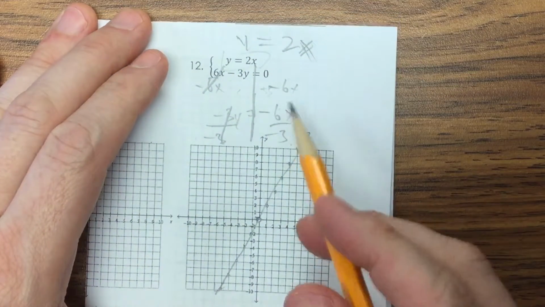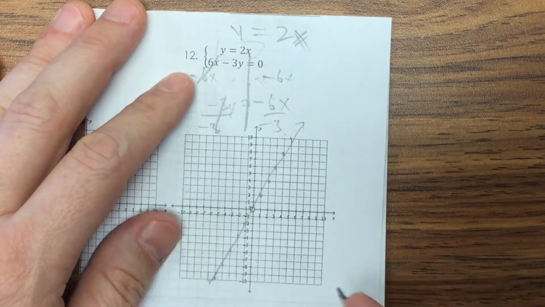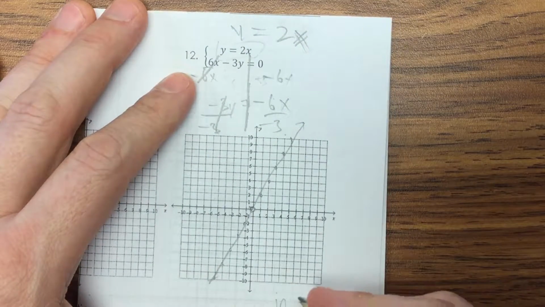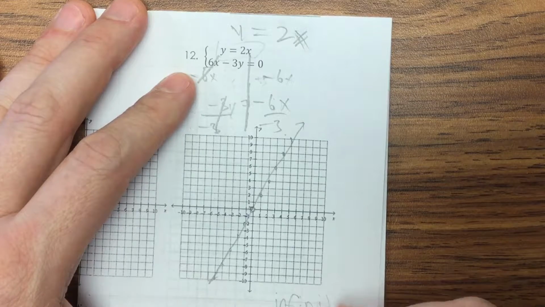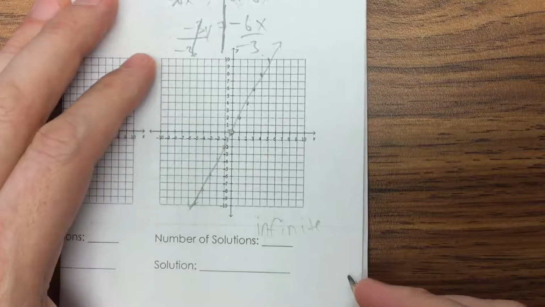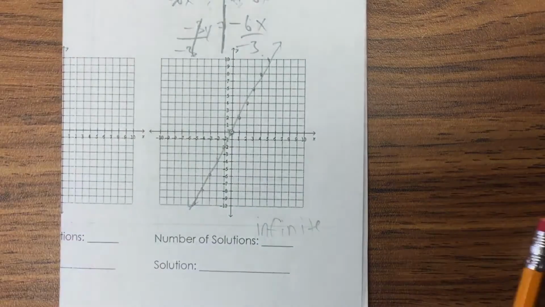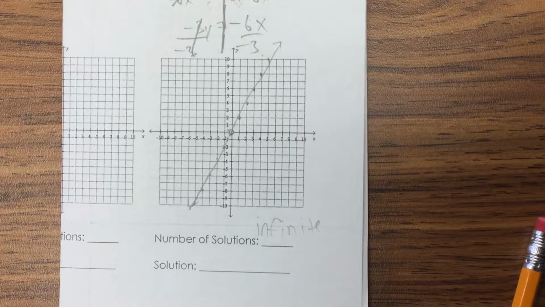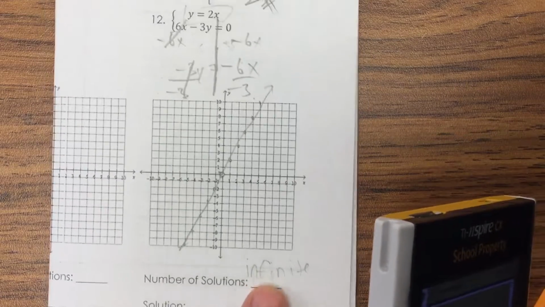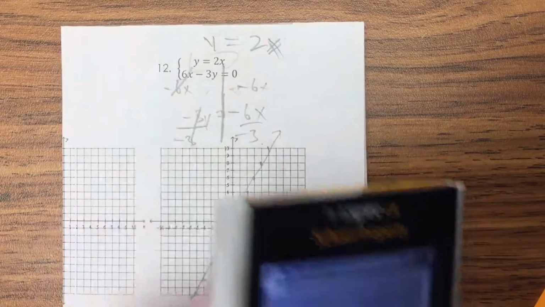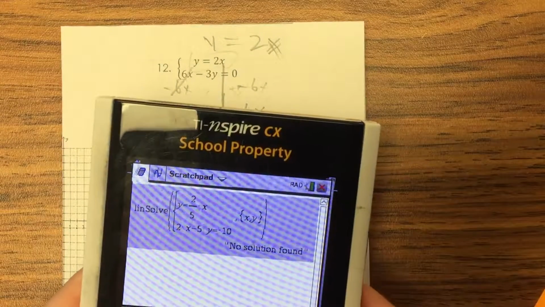The calculator does not know to tell you that it's infinite. On the other screen, it said no solution found. Unfortunately, it will not tell you infinite solutions found. Instead, it gives you something kind of weird. It's almost like a glitch, but I want you to recognize when you see this, you know what it means. It means infinite solutions. So I'm going to type in both equations in LinSolve.